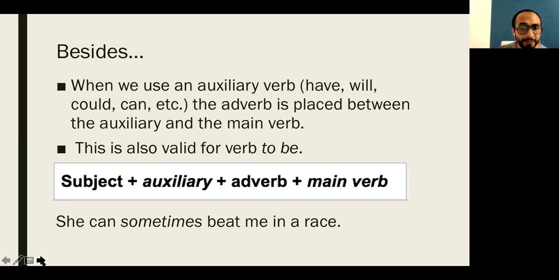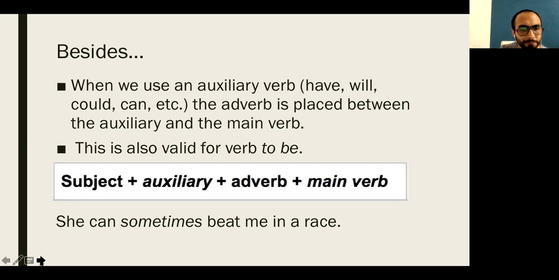So we have an example here. She can sometimes, third position, beat me in a race. So Ilse, can you give me an example of this, please? She can often go for a walk. Very good. Excellent. Very, very good.